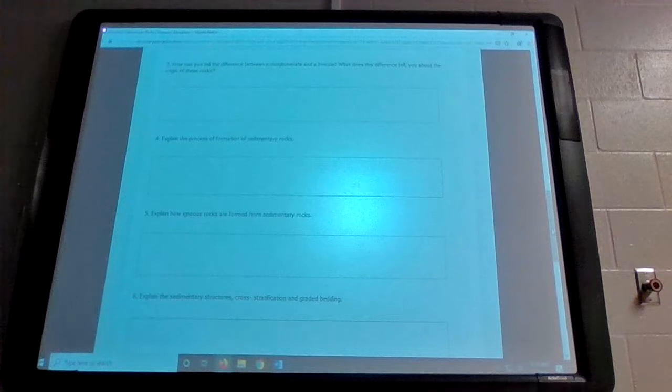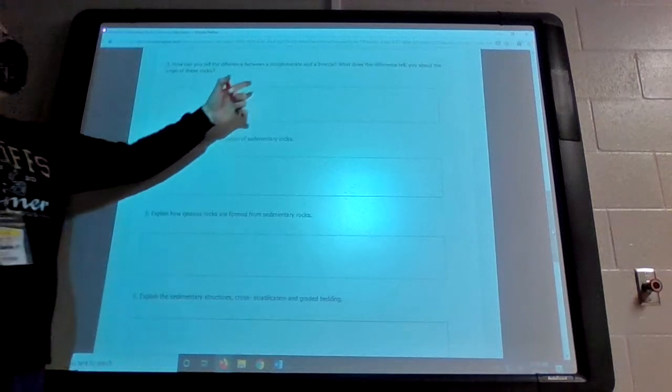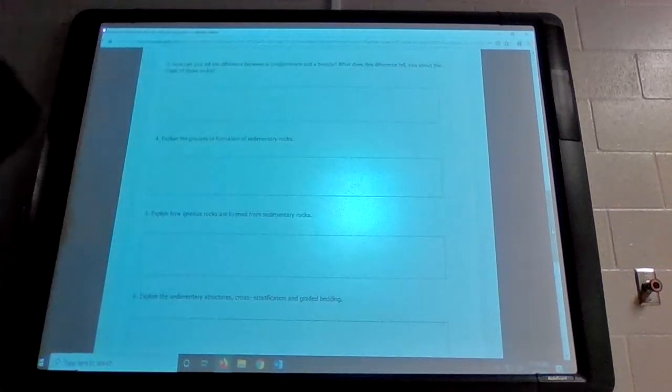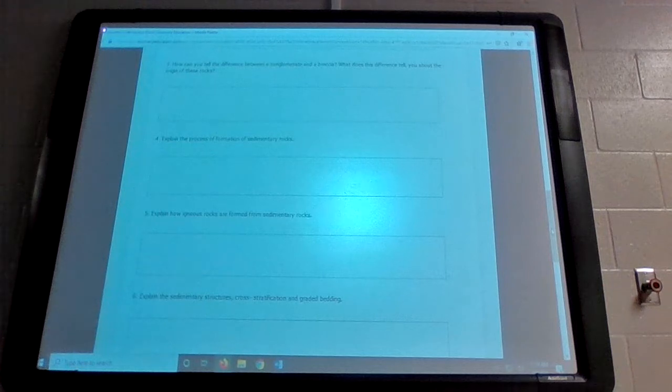And compaction and cementation were part of your answers for number 2, I believe. What are the parts of lithification? These two right here are your lithification. Compaction and cementation are what actually make your rock. But the whole process for making a sedimentary rock: I have to have weathering and erosion, then deposition, and then I can compact it by putting other sediments on top.